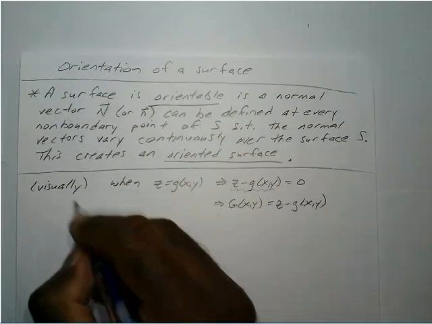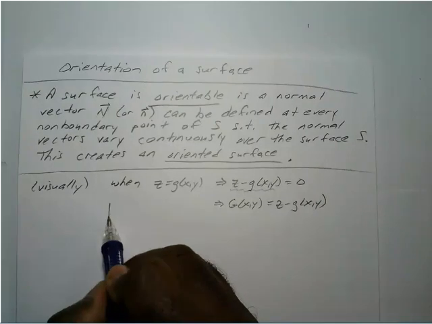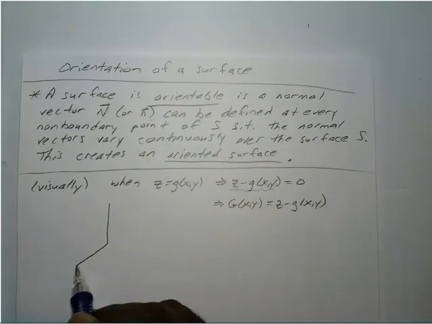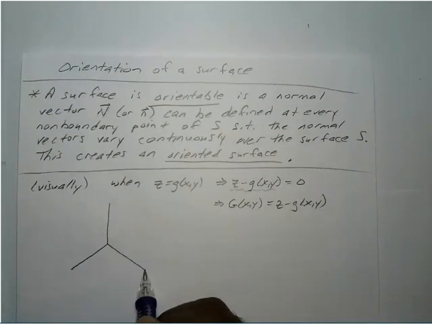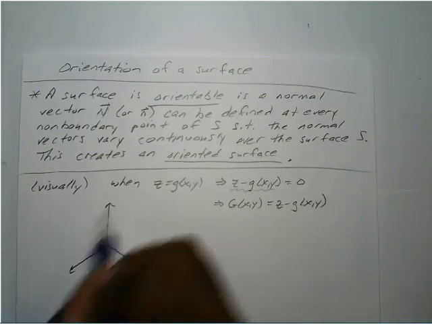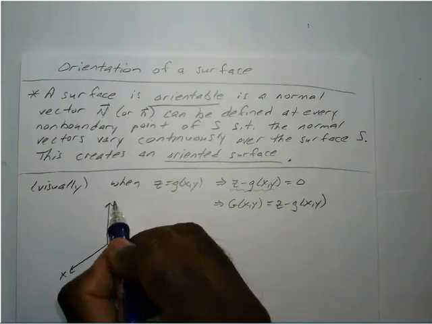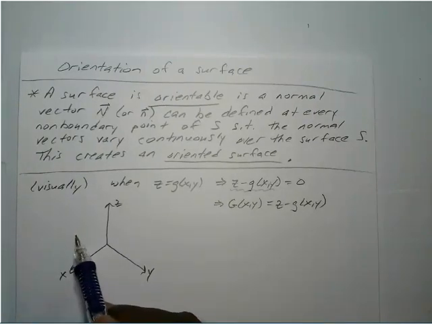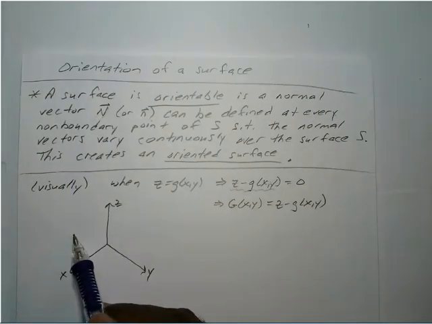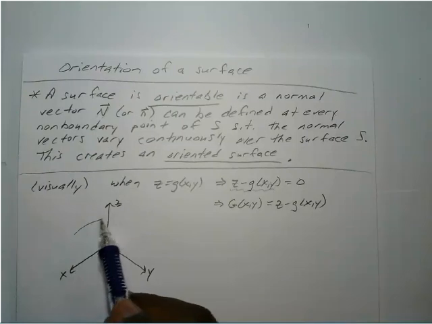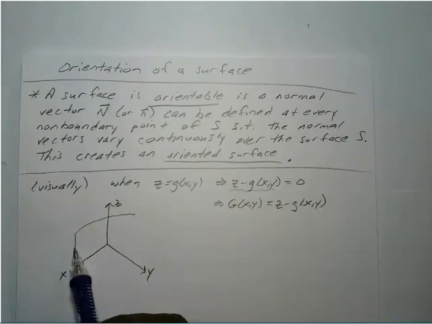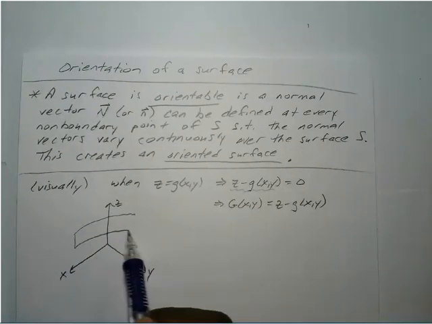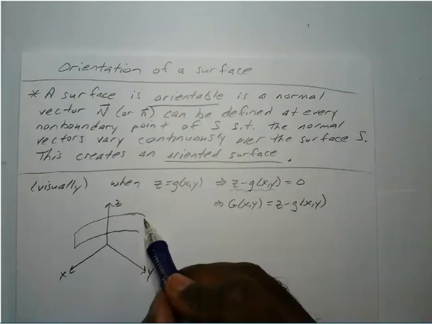All right, so if we draw our three-dimensional area here, okay, so if we have our x, our y, and our z-axis, now let's say we have some surface in space. Okay, so if we have some surface just floating around in space here.